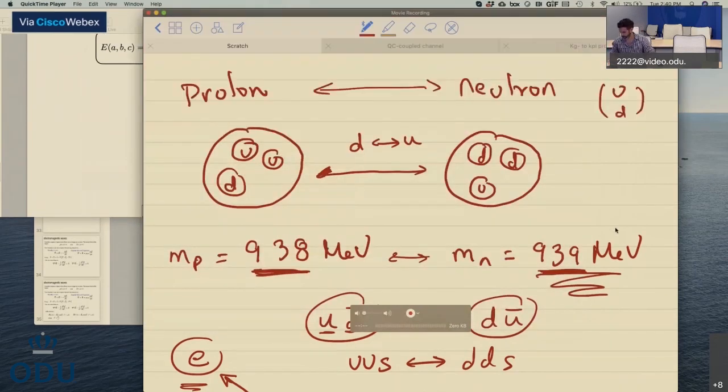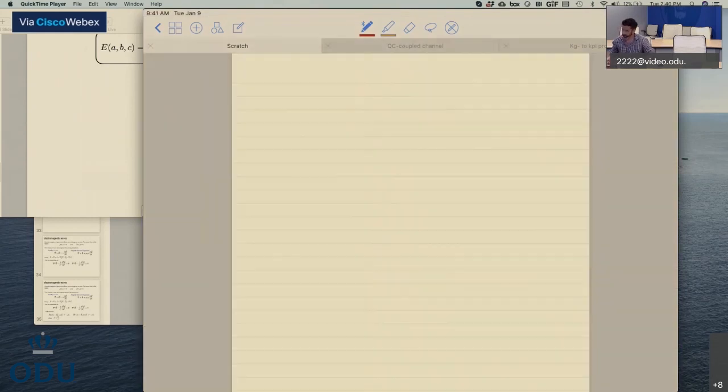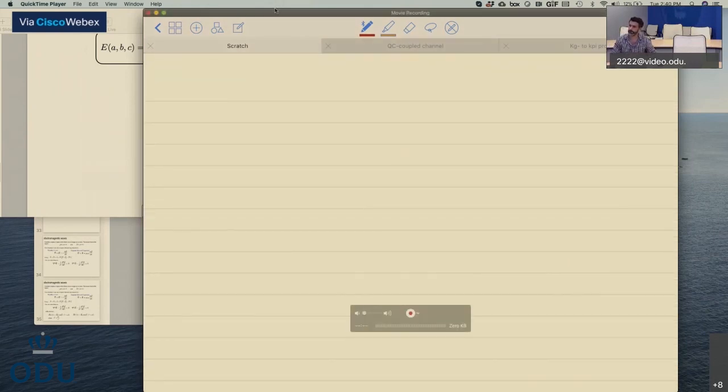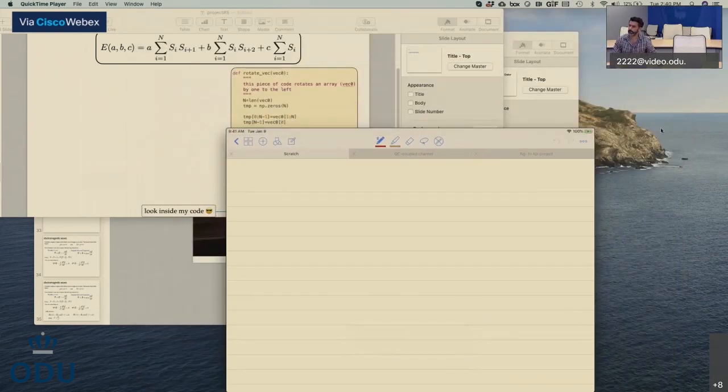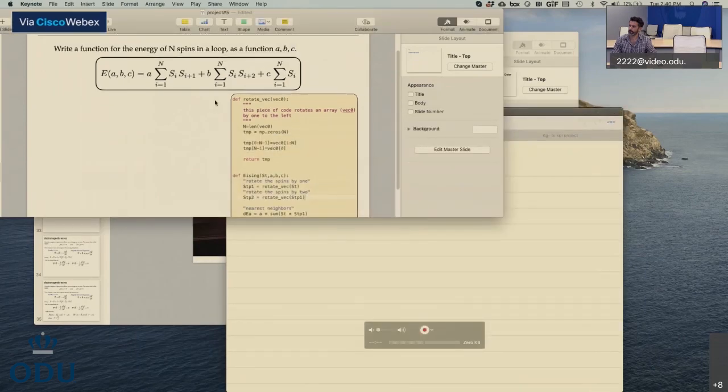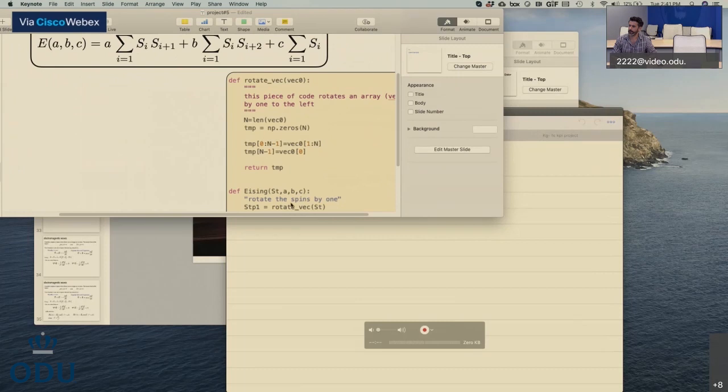Let me try to explain what I do. The first part that you see is that I've used the function length, which gives you the length of an array.